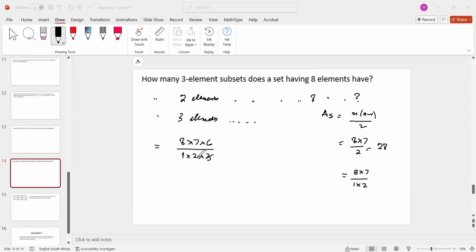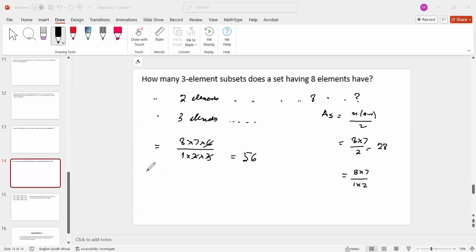So 3 times 2 is 6. 6 cancels with that. And 8 times 7 is 56. So the number of 3-element subsets is 56. So that's the answer to this question.